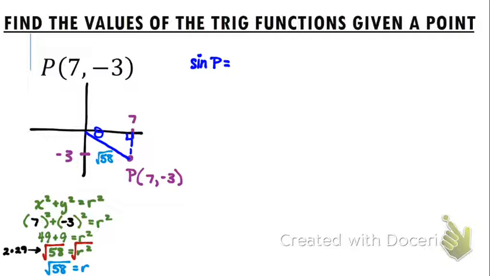Can this just be -3? No. It has to be y over r, because r isn't 1 this time, so I can't just grab the y part of the ordered pair. So I would have -3 over the square root of 58. Can I leave answers like that? No. Rationalize that denominator.